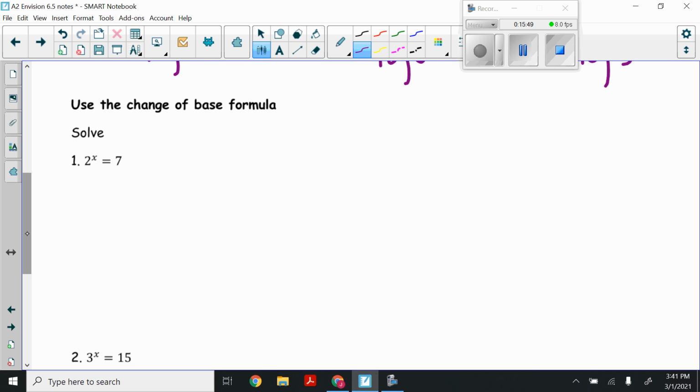So number 1, 2 to the x equals 7. Put it in log form. That means, as we learned at the beginning of this chapter, we've learned how to change a logarithm to an exponential and an exponential to a logarithm. So first thing, I just change this to a log.